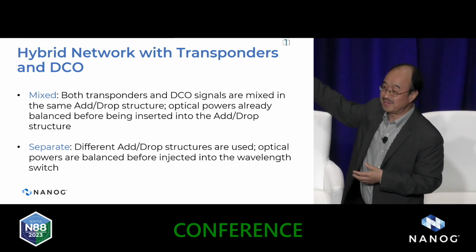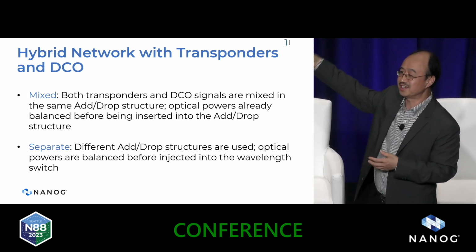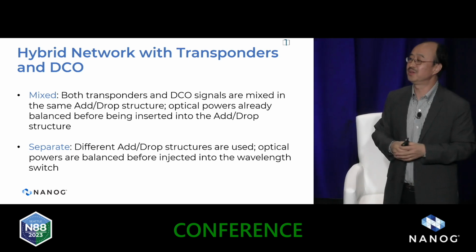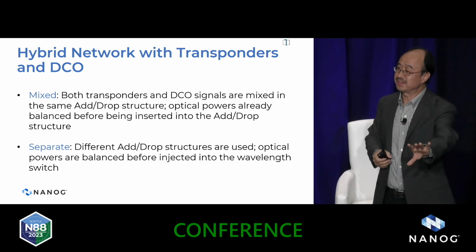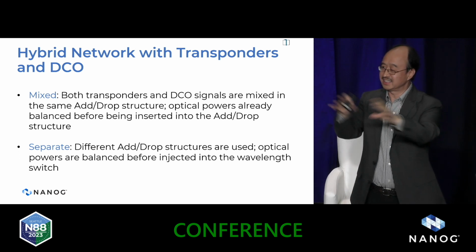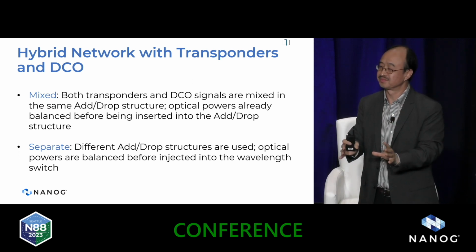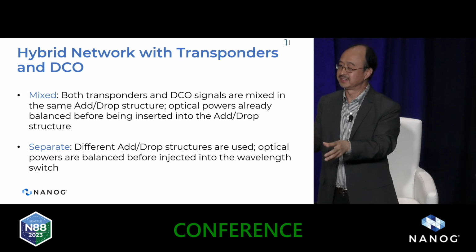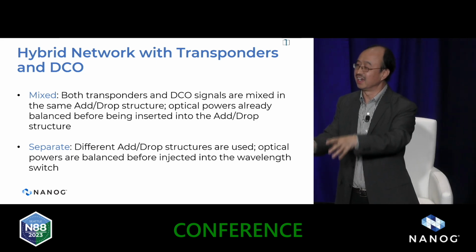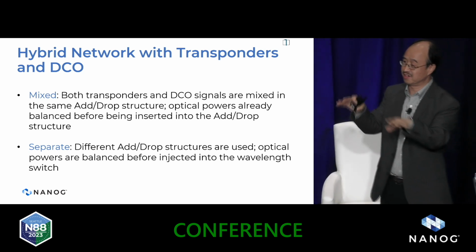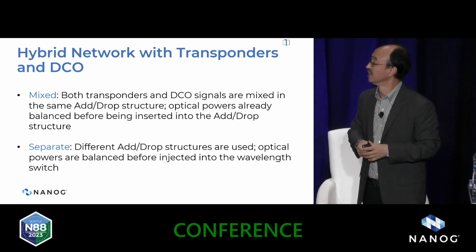So there are many options. We're just going to focus on two options. The mixed option is where you have the transponders and the DCO in the same add-drop structure. For example, with the newer generation of ZR+, you can directly integrate into the transponder network without change because the power is already balanced.